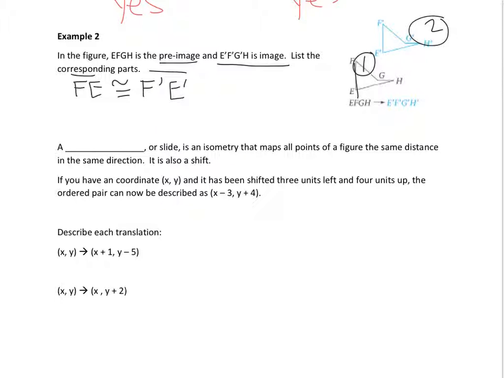Segment EH is congruent to segment E prime H prime. And then you could do angles. Angle E is congruent to angle E prime. So prime means after there has been a transformation.